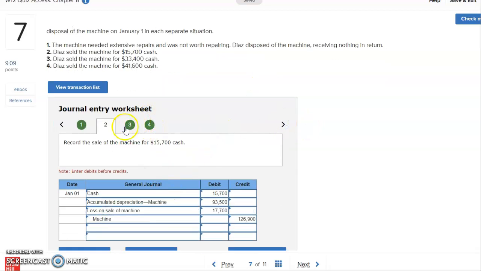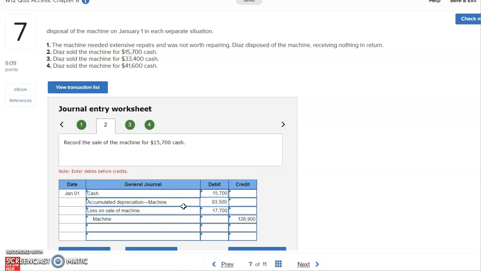For the second entry, you're recording the sale of it for $15,700. The first thing you can do, very easy, you just select cash for $15,700 on the debit side for selling it. Same thing with the last one for recording the depreciation, $93,500 on the debit side. And then you have to factor in the loss on the sale of the machine.